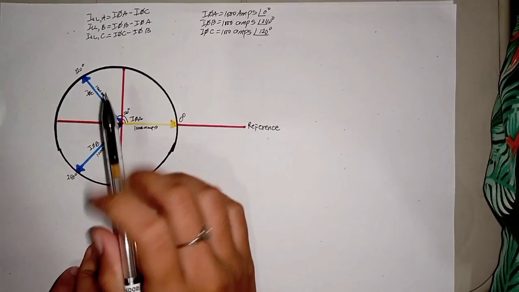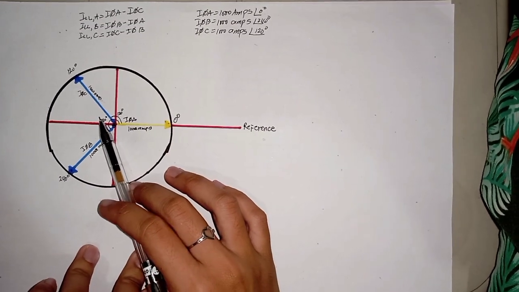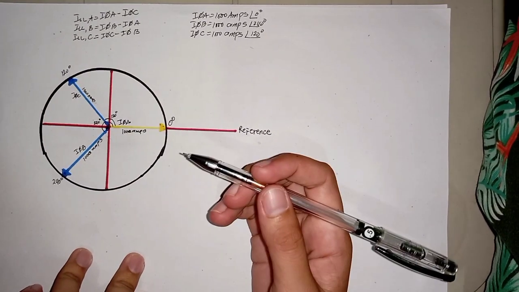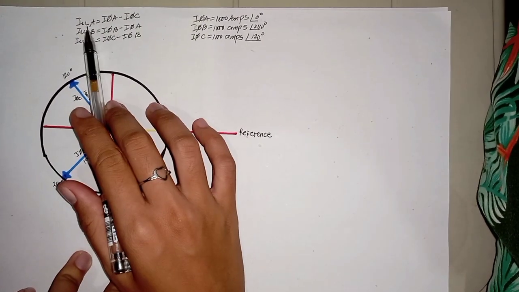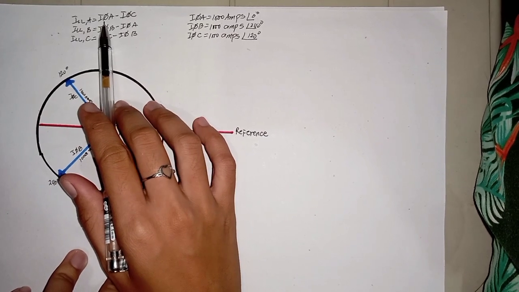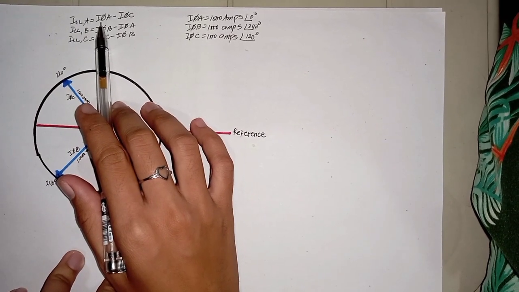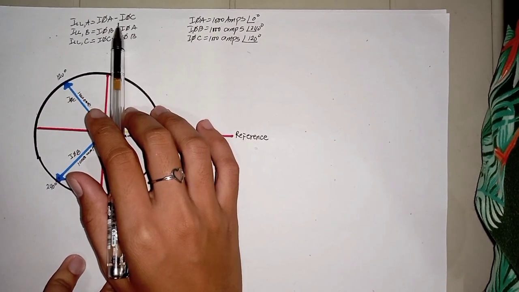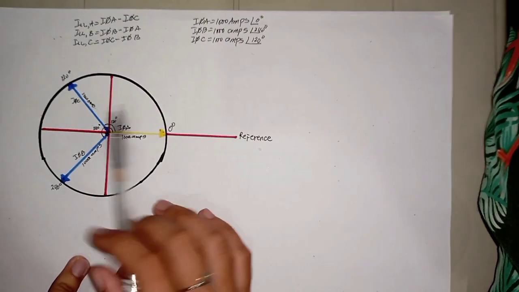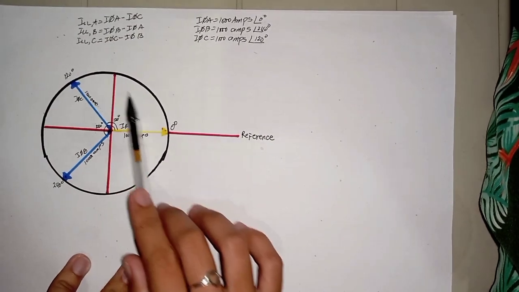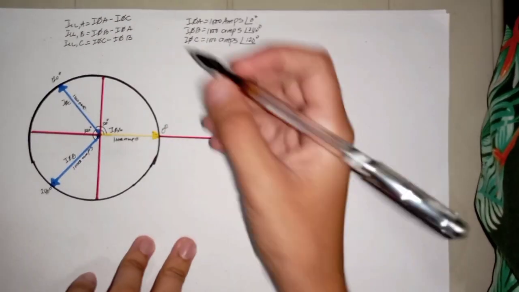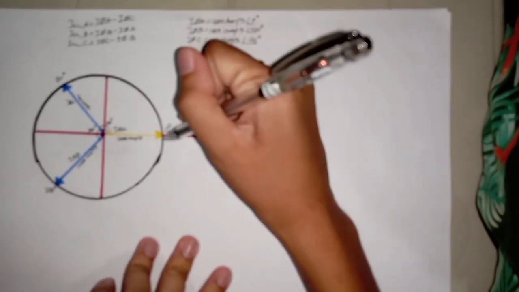So if this is our phase current A in the positive side, then the opposite would be the negative side. So our line-to-line current A is equal to phase current A minus phase current C. Let's rotate this by 180 degrees and put current C here.